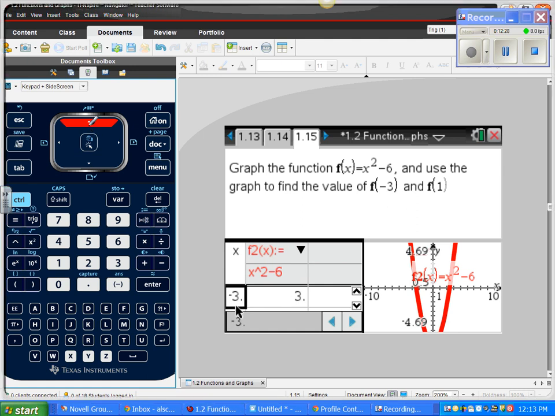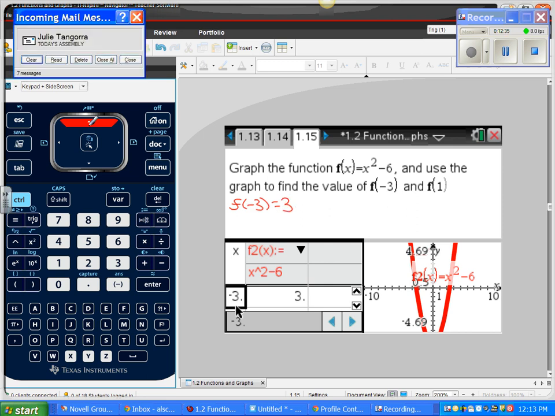So f of negative 3 is going to be 3. Okay, right? f of negative 3, there's the x value, and then its output, or our input, right? Input, output is going to be 3.